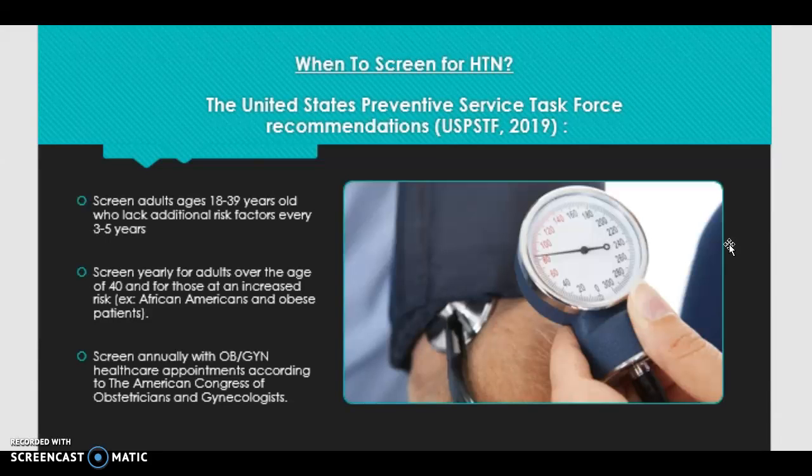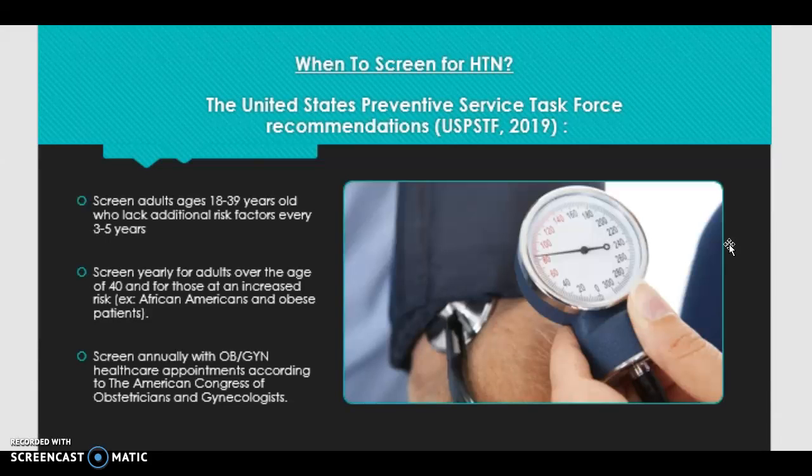There is a recommendation for adults to be screened every single year if they are over the age of 40 and have additional risk factors. These additional risk factors, besides the ones I just mentioned, are obesity and the African American race.